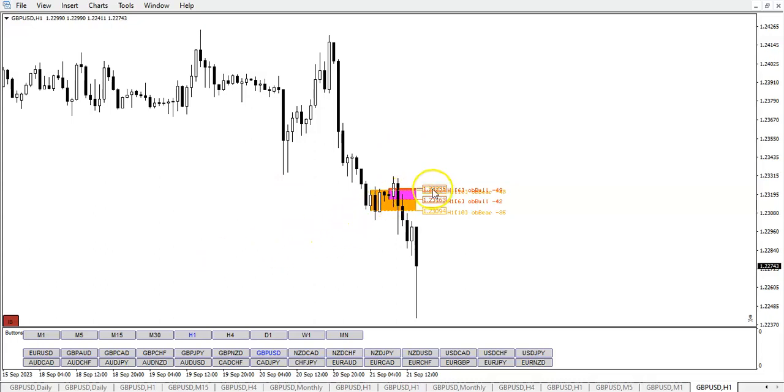So right here, in this bullish one, you can see that's in this area here. So you have overlapping signals here.